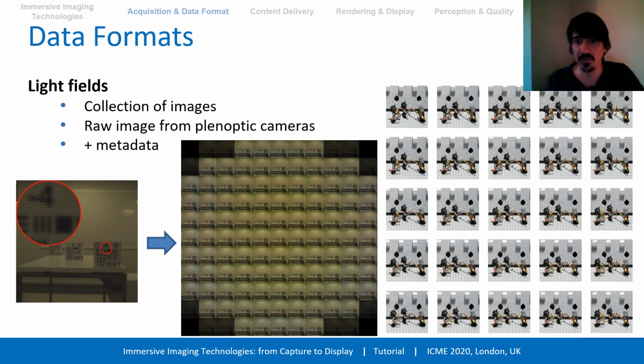So any existing image format can be used to store this data as long as it supports the bit depth of the content. For example, the bit depth of Lightrow is 10 bits, so typically the 16 bits PNG format can be used. In addition, it's also possible to store metadata such as the intrinsic and extrinsic parameters for each viewpoint, or the light field parameters such as the distance between the two parallel planes.